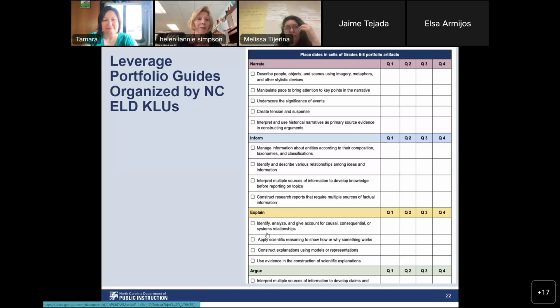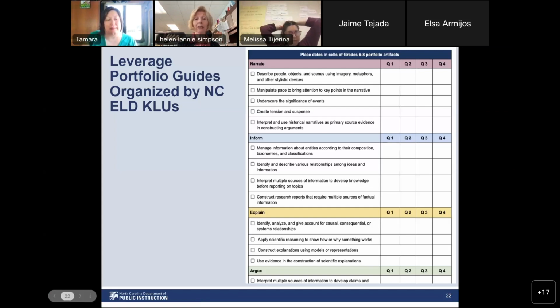And so simply what we did is we're like, oh my goodness, this would be a great formative tool, and we could use this to guide us in collecting language artifacts for our students to demonstrate their growth across time.